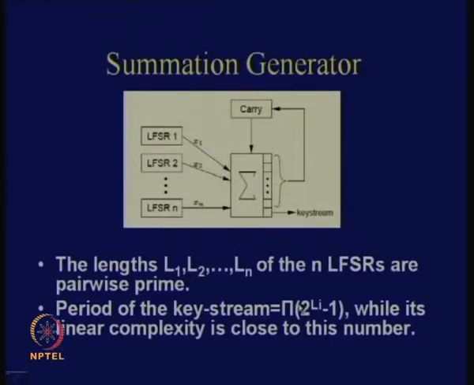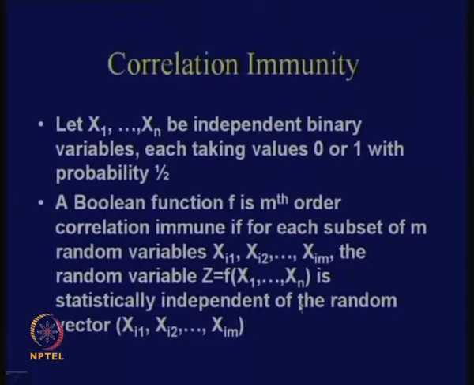So, one way of ensuring this is that if you take any Boolean function f, and xi1 to xim are some random variables, then for an mth order correlation immunity for f, I have to show that if I fix xi1 to xim to some constant value, then the remaining function which I obtain from f should still be balanced. Okay. If it is balanced, then it is not leaking any information, but if it is not balanced, then it is leaking some information.